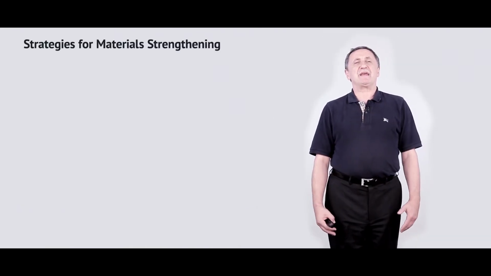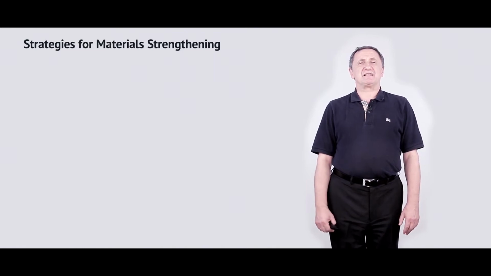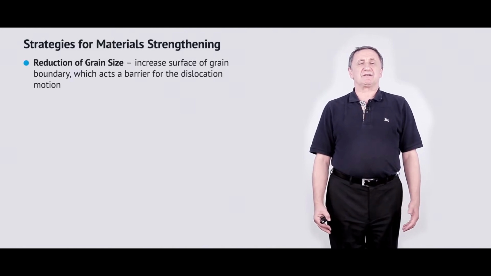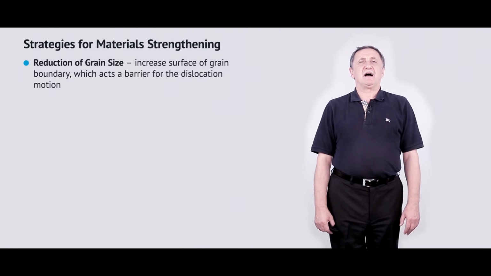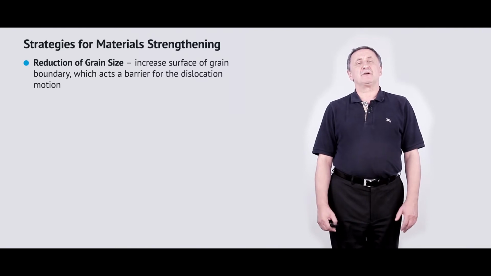So, for this reason, let's see how we can hinder the motion or slip of these dislocations. As comes from our previous discussion, for example, we can make our grains smaller. In this case, we have many more grain boundaries.